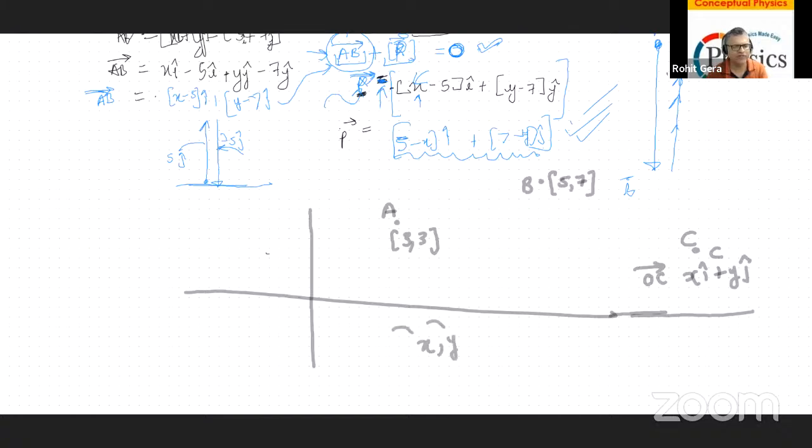What should be the value of x and y if BC is equal to twice of AB, given x is equal to 3 times y?